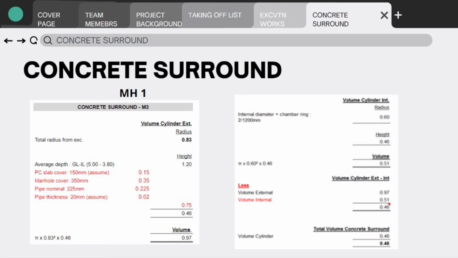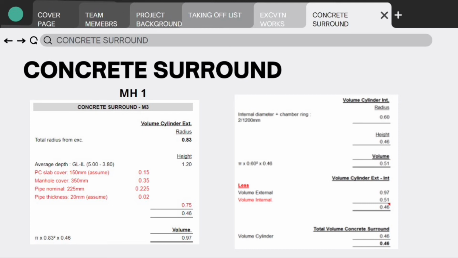To calculate the volume of cylinder external, we use the formula pi r squared times h, which is 22/7 times 0.83 squared times 0.46 to get a total volume of 0.97.